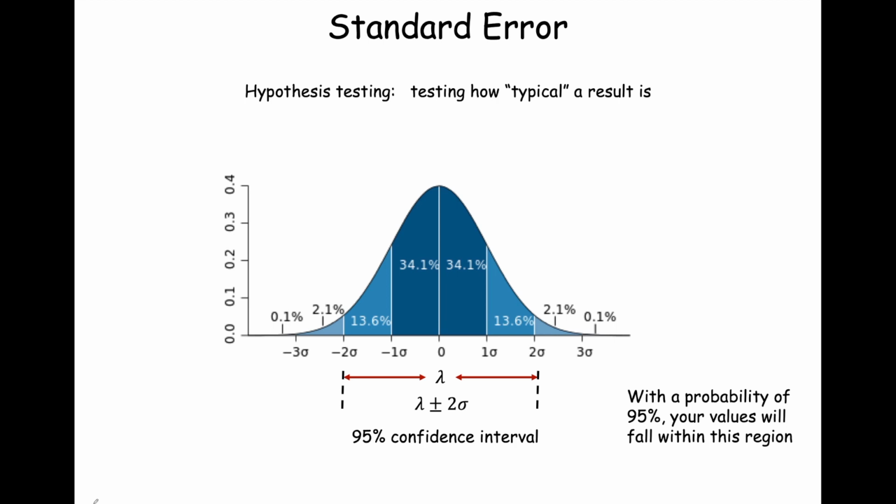You might want to know, is this typical for the number of customers for a given store, or is it an outlier? Is it atypical? How you measure this idea of typical is by looking at the likelihood that this particular sample you're seeing comes from the distribution associated with the system that you have instrumented.